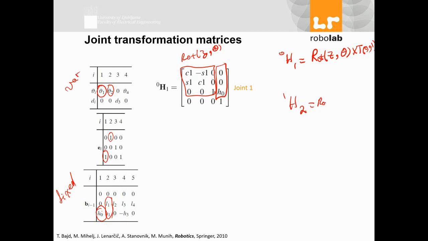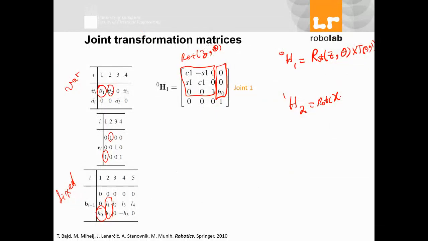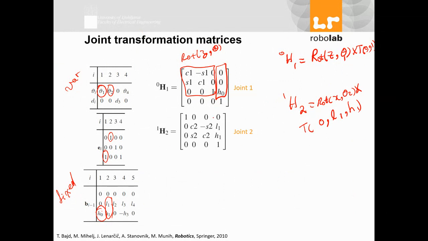So what I have is rotation around the x-axis with angle theta 2, and translation, which is T of 0, L1, H1, right? Translation, rotation.